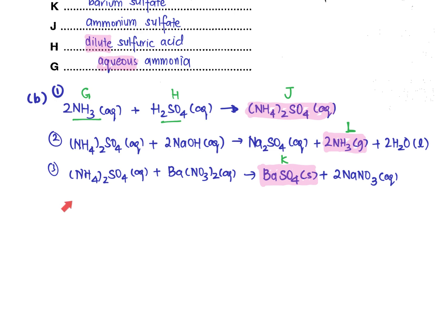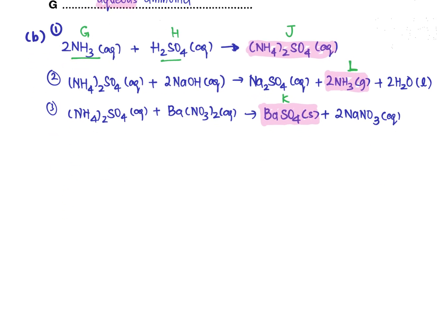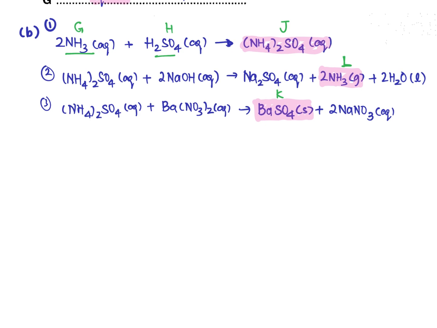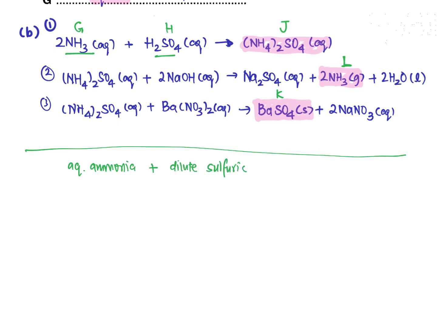How do I end up with NH4? Let me write it down over here. If you look at this particular equation, you have aqueous ammonia plus dilute sulfuric acid. By right you should be writing down NH3 aq plus H2O for ammonia, then plus your sulfuric acid.